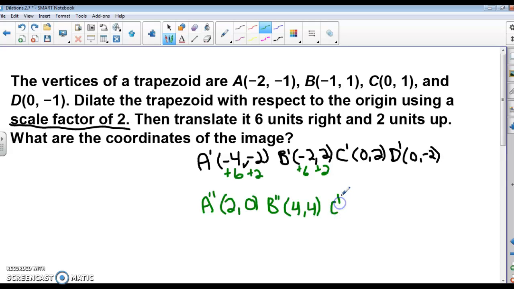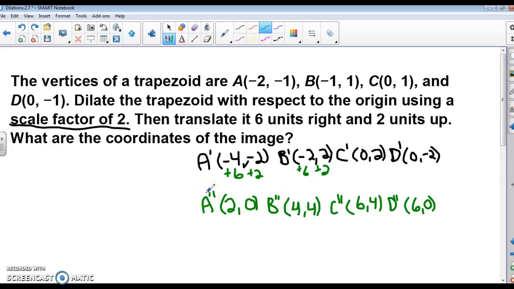C double prime, we get 6, 4, and D double prime, we get 6, 0. Alright, so those are all of our points. That's A double prime, B double prime, C double prime, and D double prime.